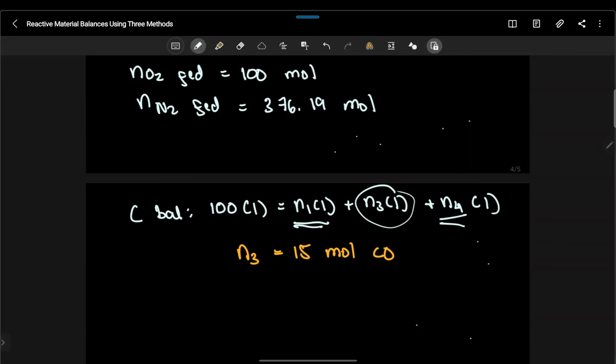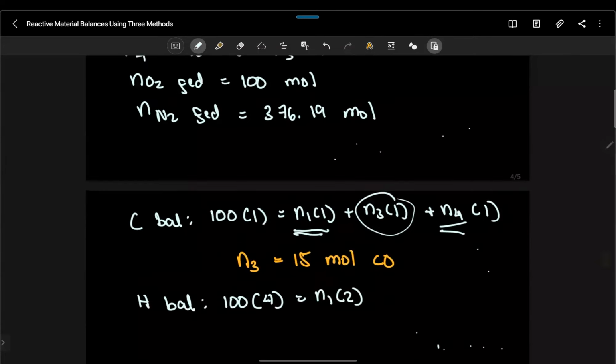Next is hydrogen balance. So isa-isahin mo lang yung mga elements. Okay, so 100 times ilang hydrogen sa methanol na pinasok, di ba? 4. Okay, and wala na, hindi mo rin siya makita si hydrogen sa air. So doon tayo sa left hand side, N1 times 2. Bakit?